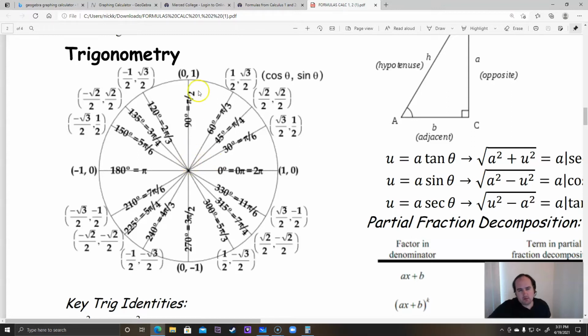So which y-coordinate is 1, is what I meant to say. So here, y is 1 when theta equals pi over 2. Okay? So that means sine inverse of 1 is pi over 2.